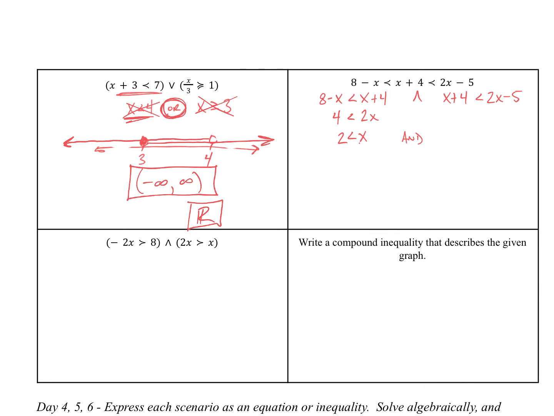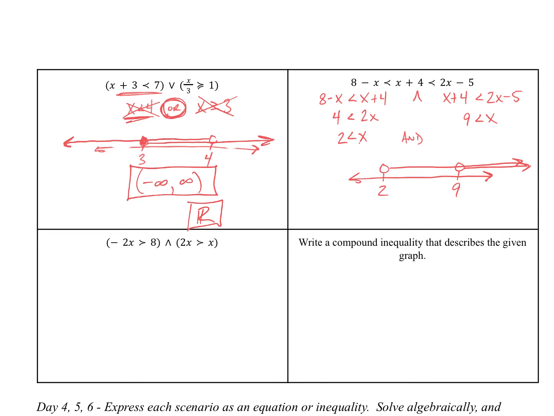And simultaneously, x has to be greater than 9. Okay, so if we put this on a number line, I've got a 2, and I've got a 9, and I've got 2 open circles. So x has to be greater than 2, and x has to be greater than 9.